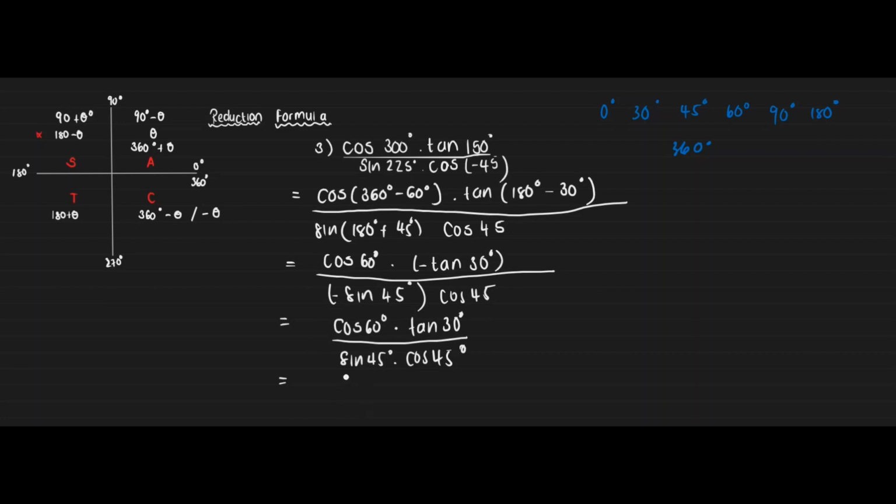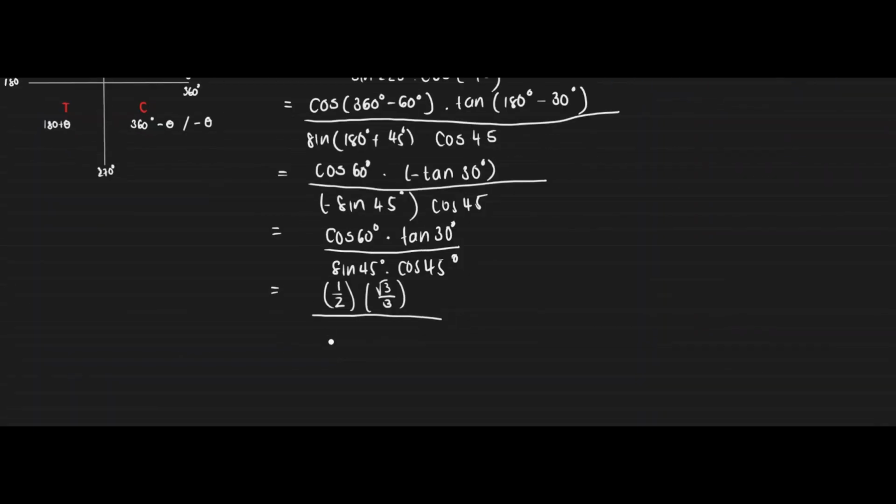So you're going to write 1 over 2 just like that. Then you're going to punch tan 30, which is going to give you root 3 over 3. Then this is divided by sine 45, which is root 2 over 2. Then the last one is cos 45, which is root 2 over 2.